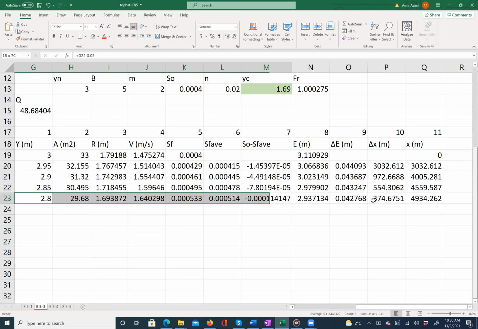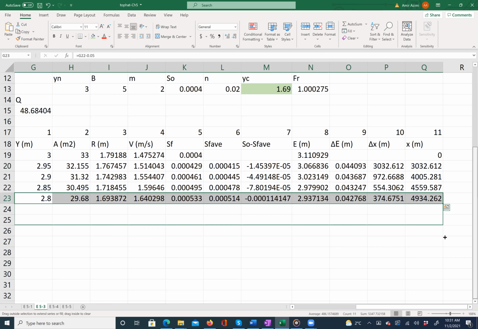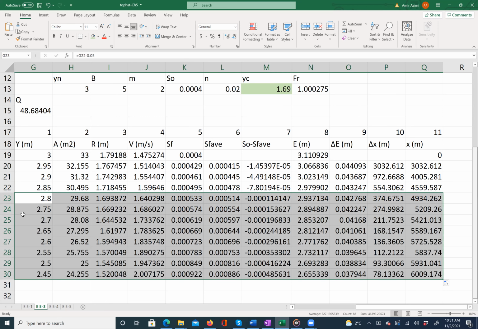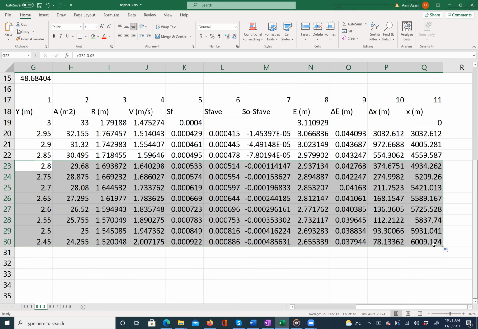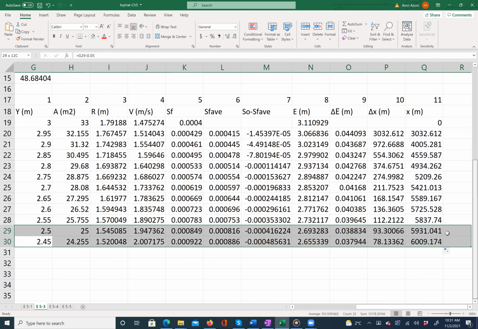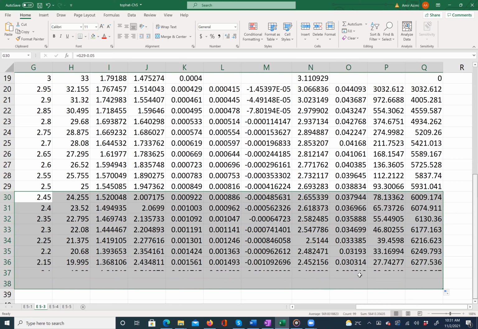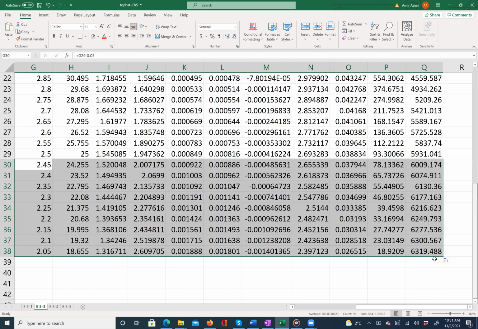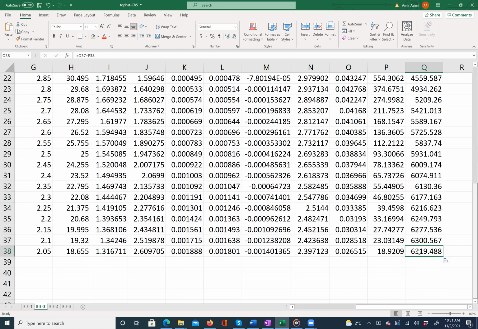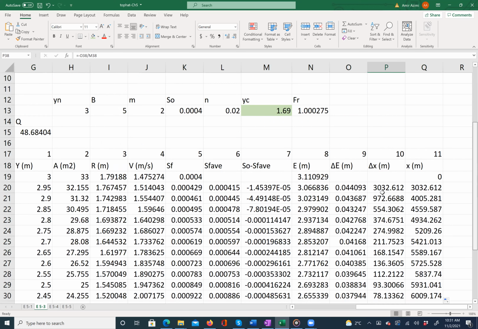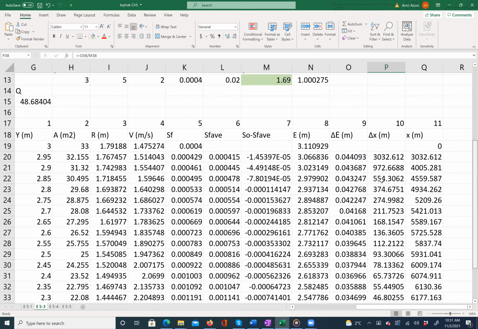So we can keep continuing reducing the depths every 5 centimeter, and then the distance will be calculated. So we just drag this to see how far we can do the back calculation, and you will see that as we go further and further, the drop in water is still 5 centimeter, but the distance, delta X, reduces dramatically.